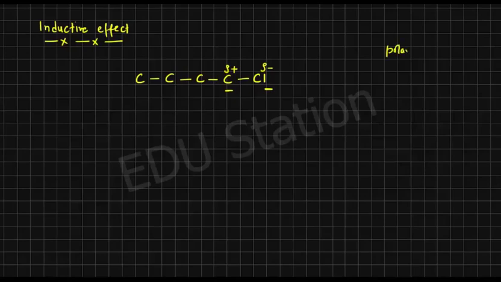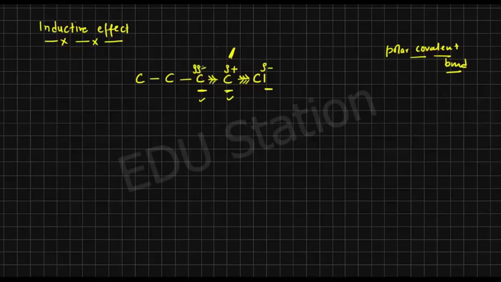So, you have studied these polar covalent bonds. If a covalent bond is formed between 2 atoms of different electronegativities, then the one which is more electronegative will withdraw the electrons towards itself and will be slightly negative, and the other one will be slightly positive. Now, this carbon has become positive. Ideally, the electrons between this and this carbon should be in the middle, but this has become positive, so it will withdraw certain electrons.